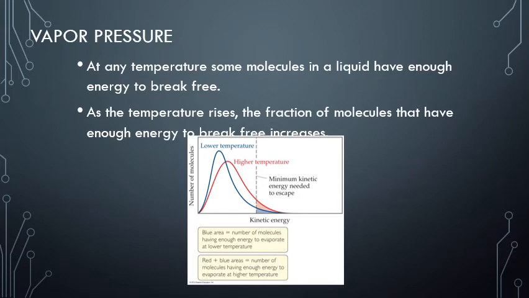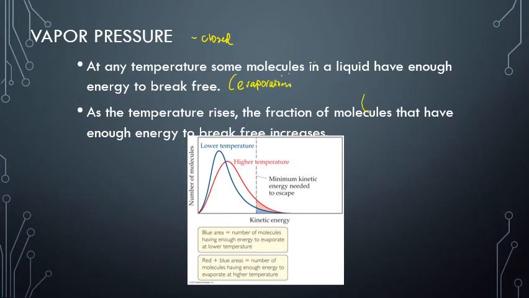So again, this has to be in a closed container to keep the particles in close proximity to the liquid. If it's an open container, they can just be released into the atmosphere, and they would never condense back down into the liquid. So when we look at this, at any temperature, some of the molecules in the liquid have enough energy to break free. That's that concept of evaporation.